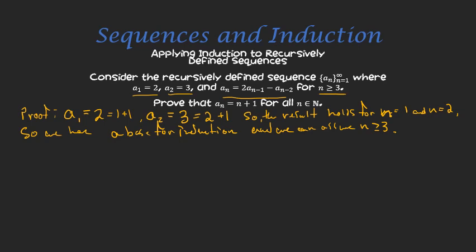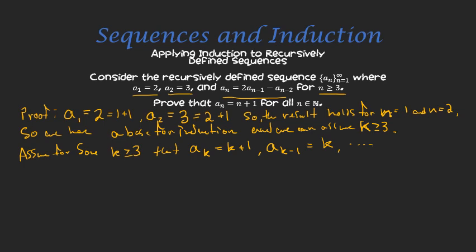So, all right, what's our induction hypothesis here? Assume for some k greater than or equal to 3 that a_k is equal to k plus 1, a_{k-1} equals k, and so on down the road.